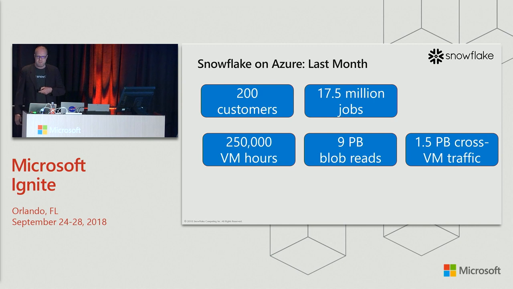In order to process these 17 million jobs, we have burned through more than 250,000 VM hours, and we've read through more than 9 petabytes of blob data in Azure Blob Storage. And about 1.5 petabytes of that data was then communicated via network between the nodes in Snowflake warehouses.